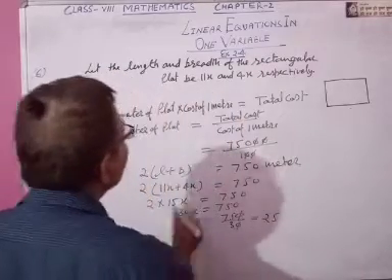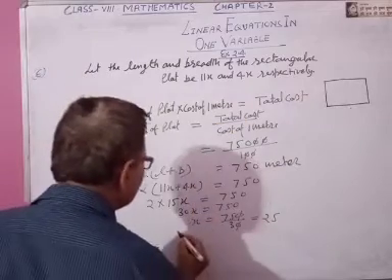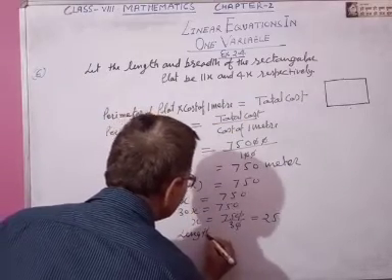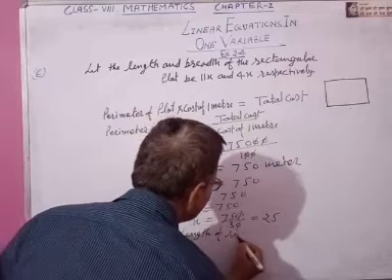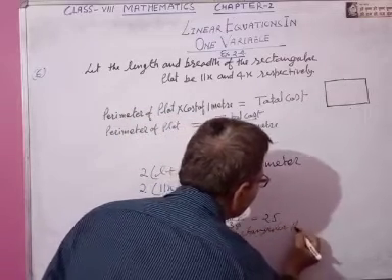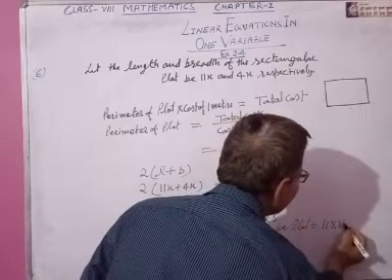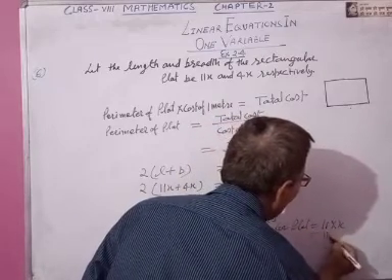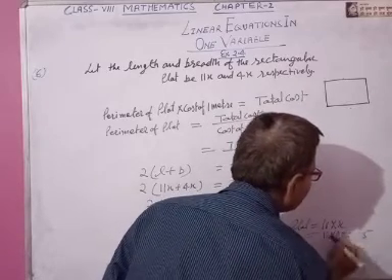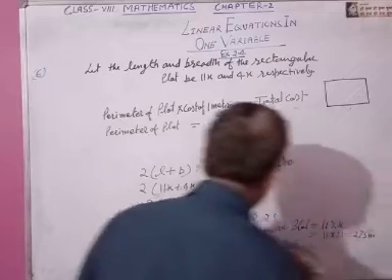So length of the rectangular plot equal to 11x, that is 11 into 25, that is 275 meter.